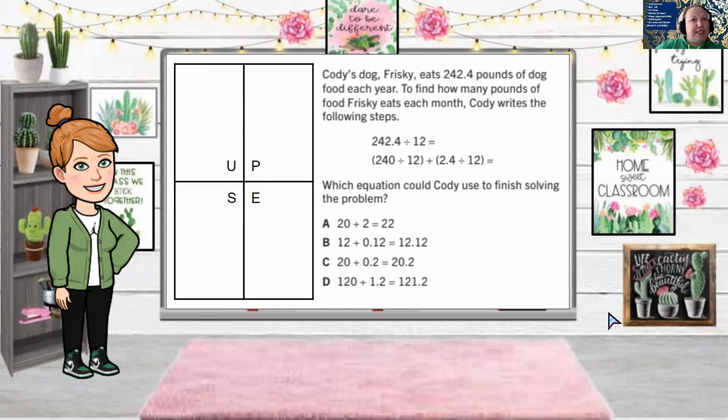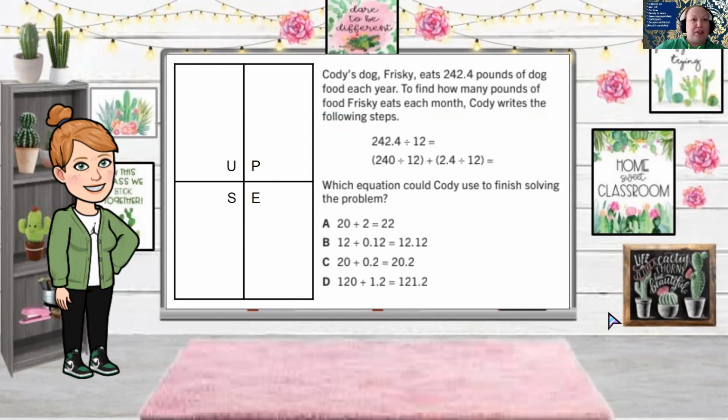Cody's dog, Frisky, eats 242 and 4/10 pounds of dog food each year. To find how many pounds of food Frisky eats each month, Cody writes the following steps. 242 and 4/10 divided by 12.